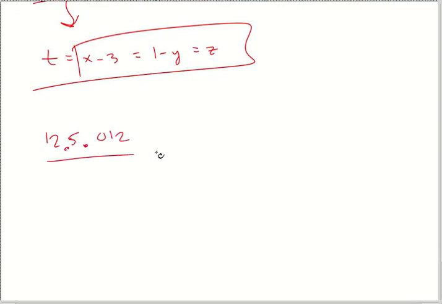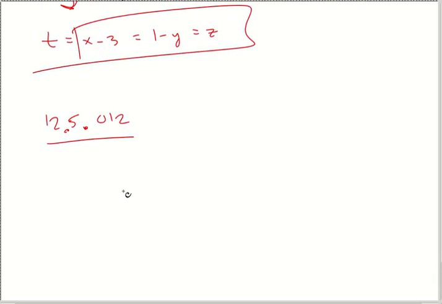12.5.012. So they give me a point, 6, negative 1, negative 4. And they say, find the plane parallel to this other plane. So find the plane that's parallel to, well, here we go, 2x minus y minus z equals 7.